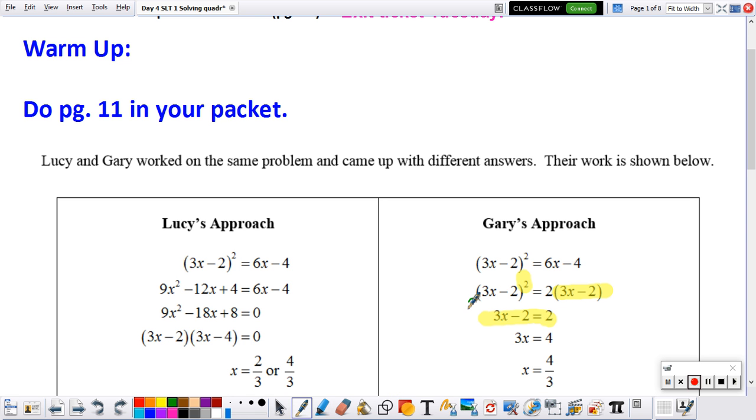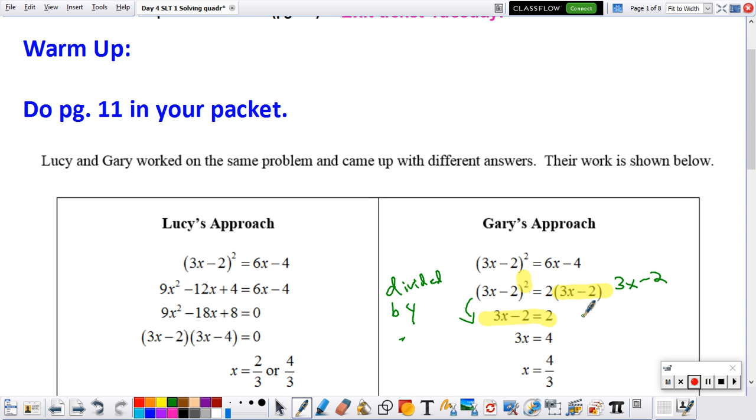So from here to here, Gary divided by 3x minus 2, there we go.